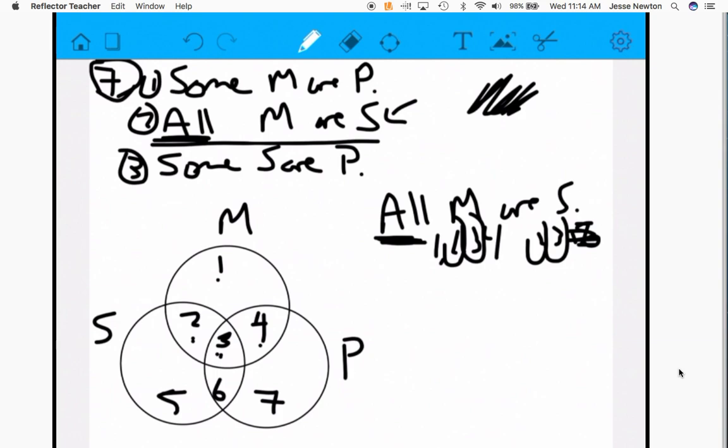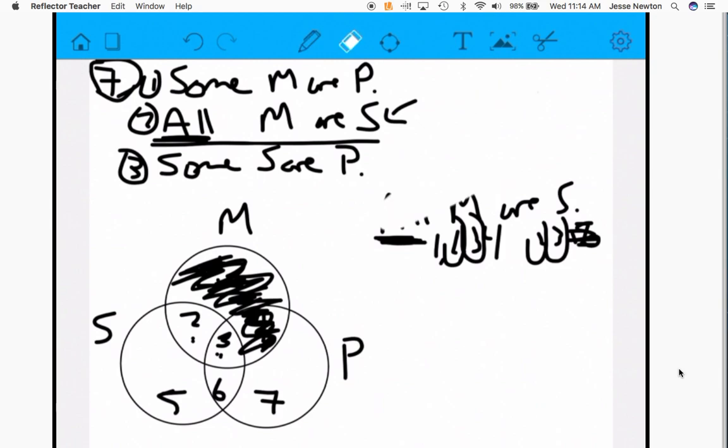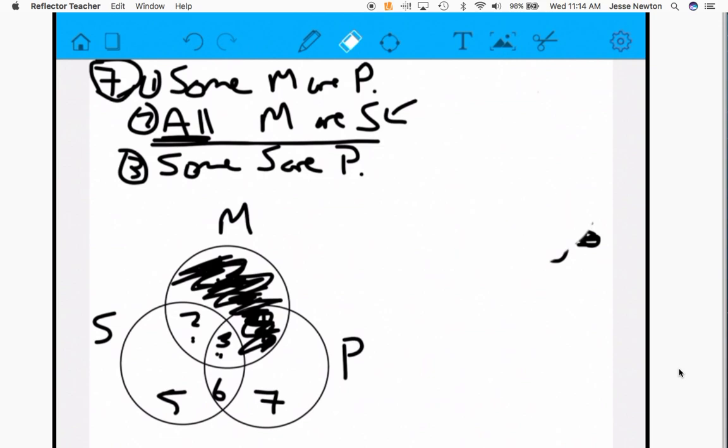So we're going to use shade in order to show that something's in 2 or 3. And the way we do that is we're going to shade in 1 and 4. That's how we do this, because we're saying not in 1 and 4, therefore it must be in 2 and 3. All right, so we got that out of the way.